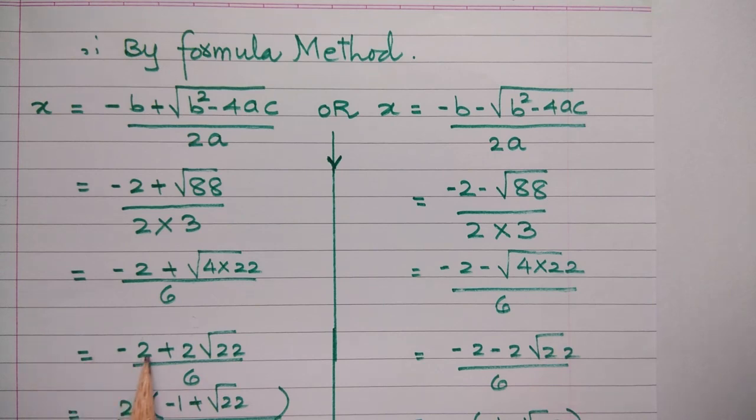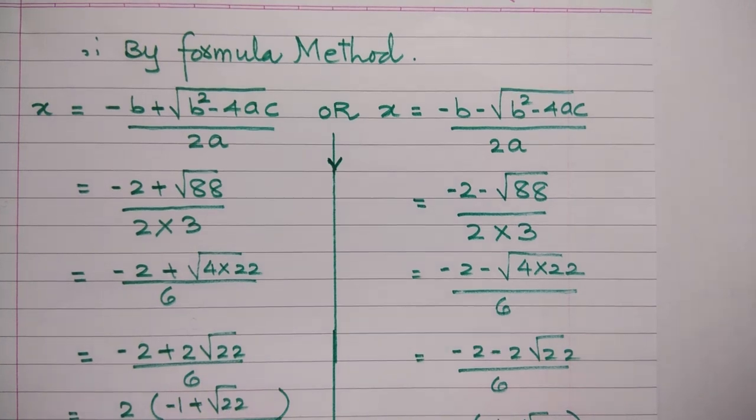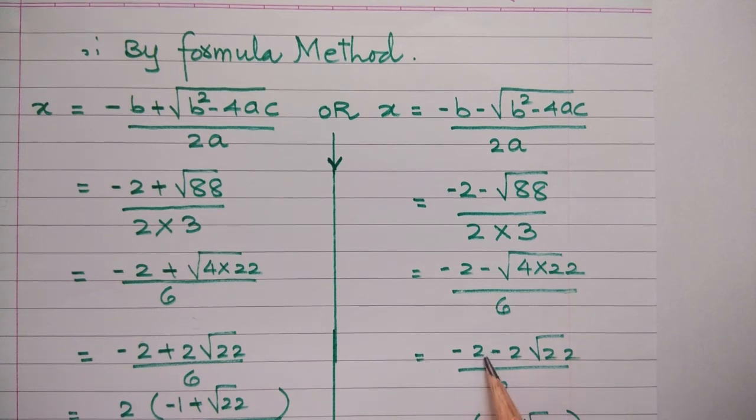So taking 2 common, what remains in the bracket? Here only minus 1 will remain, plus under root 22 will remain, divided by 6. Similarly, here also after taking 2 common, minus 1 remains and minus under root 22 will remain, divided by 6.